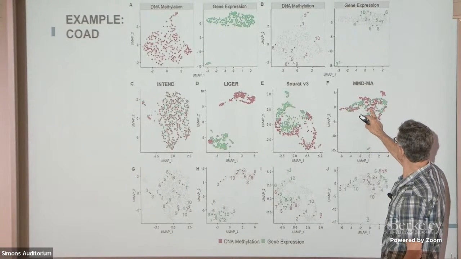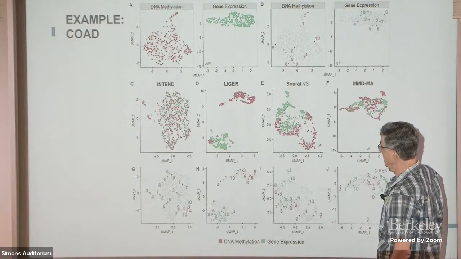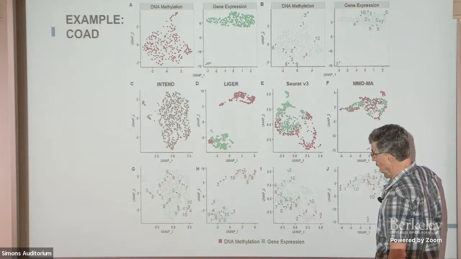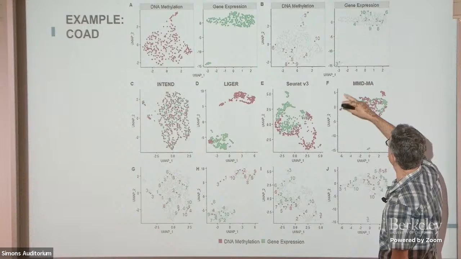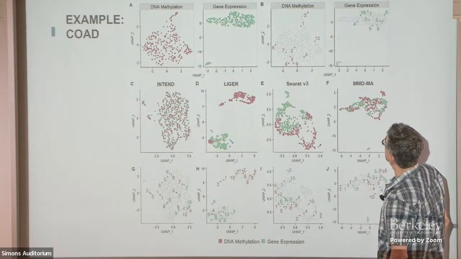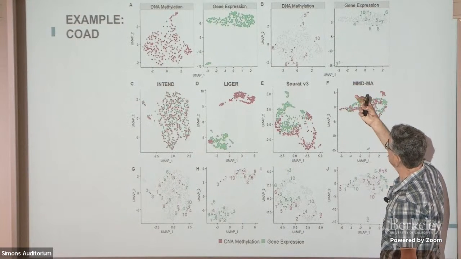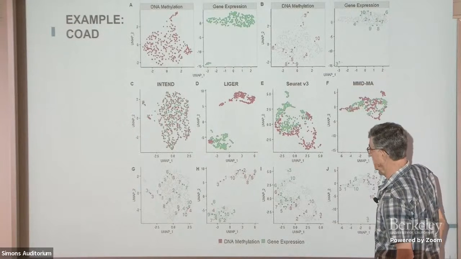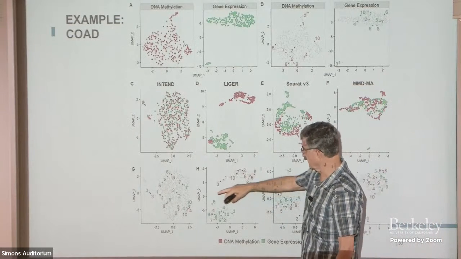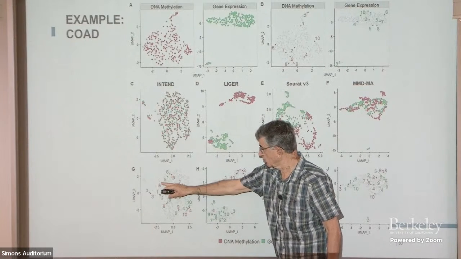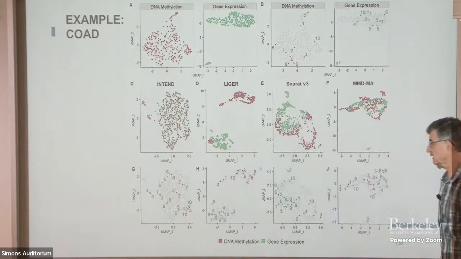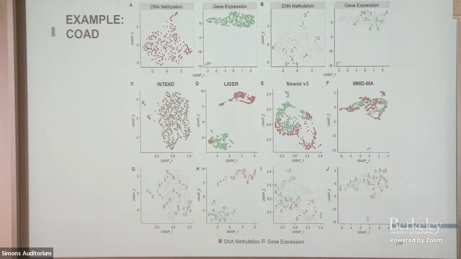There's also substantial mixing in MMD-MA, but overall, the results of INTENT are better. We marked 10 random points, 10 individuals on both the expression and the methylation, and you could see that typically the two omics embeddings are near to each other overall.